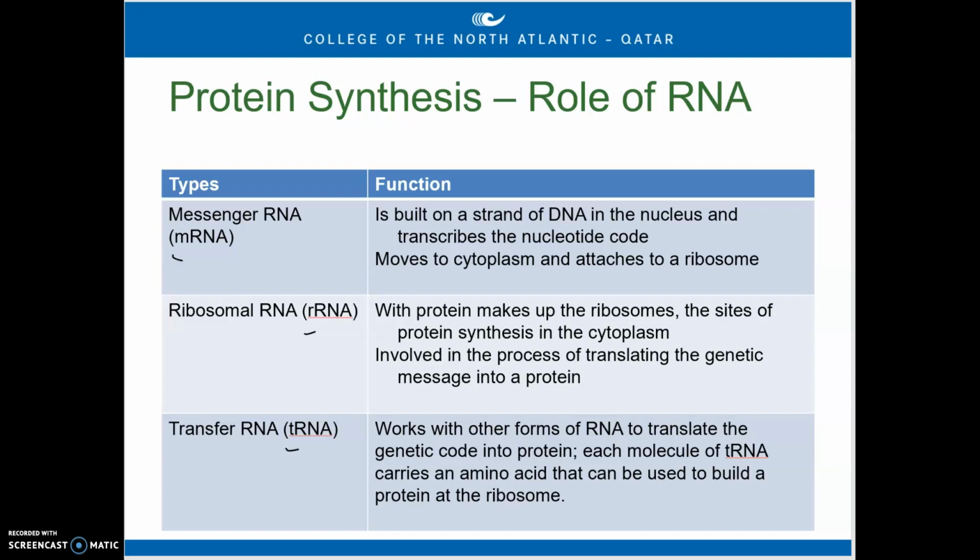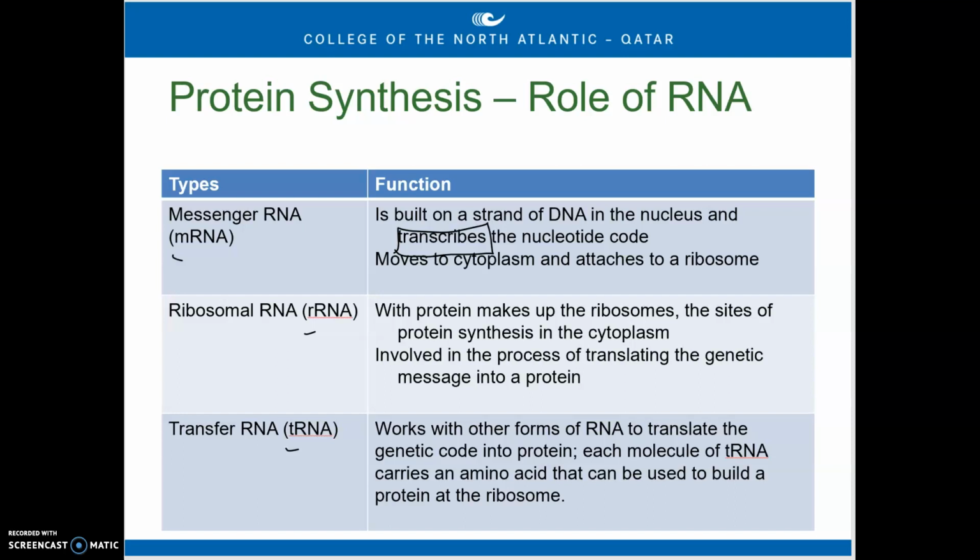Inside the nucleus is where the mRNA is formed, and it makes itself a copy based on a section of DNA that has that gene, that code for a protein. It forms based on the template of the DNA, and then it takes that formed piece of mRNA and leaves the nucleus, goes into the cytoplasm, and attaches to a ribosome. That's what mRNA does. The big process that it does is called transcription, and we'll give a little more detail on that in a couple of seconds.